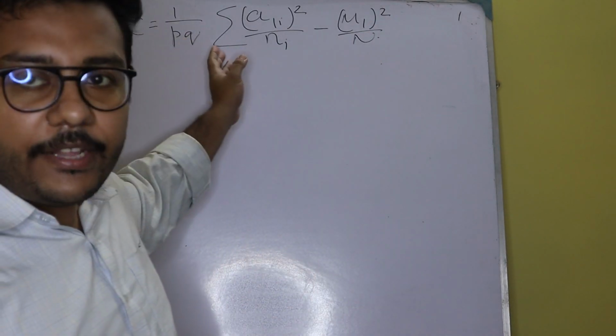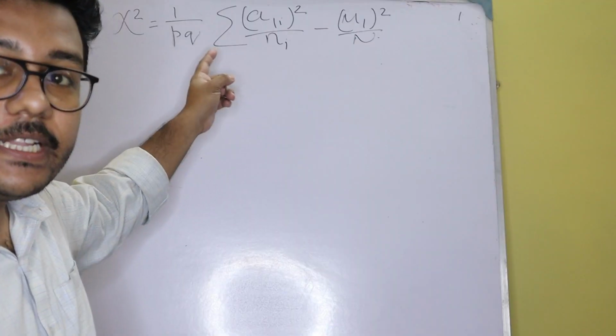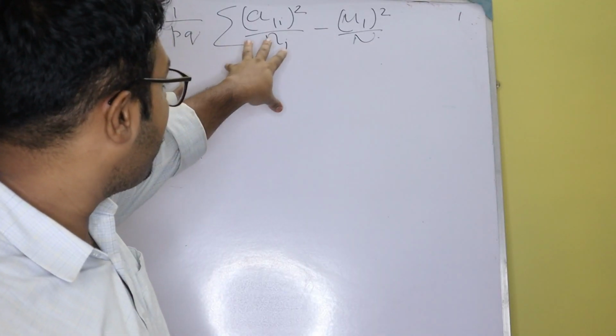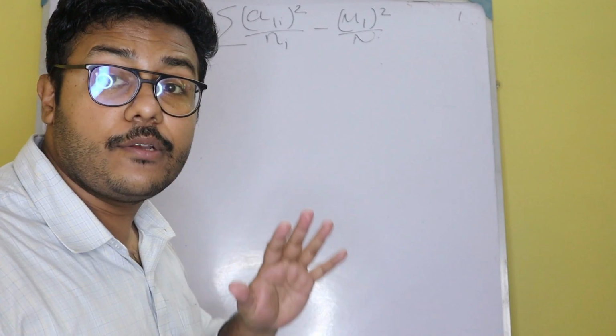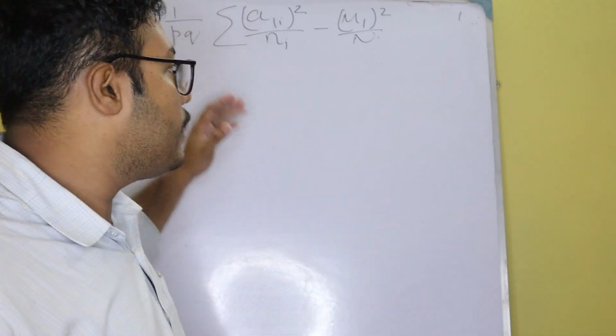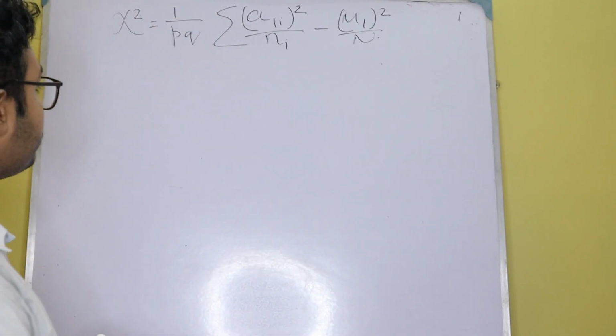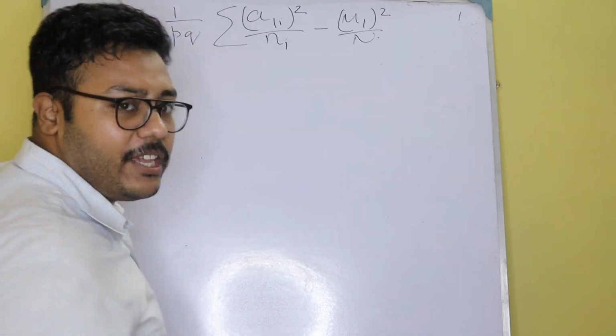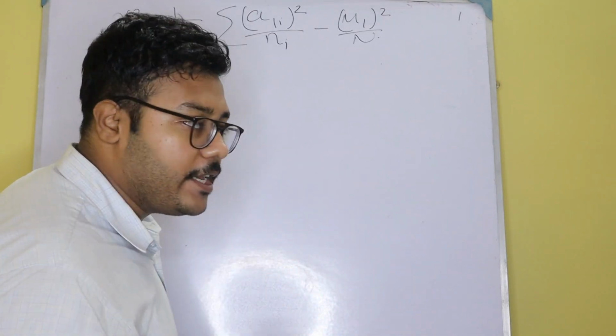Here I have written the formula of the chi-square test of 2 cross k contingency table using Brandt-Snedecor's formula. This is the formula. I will tell you what P and Q are, I will define them in the later part of this video.